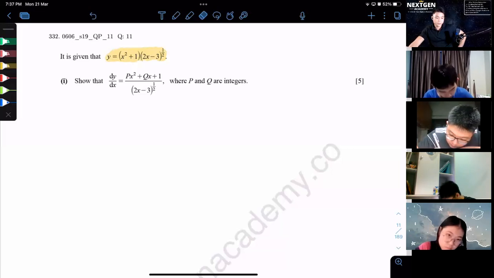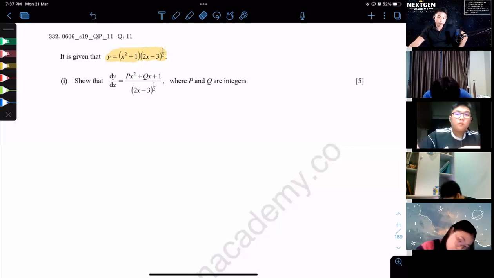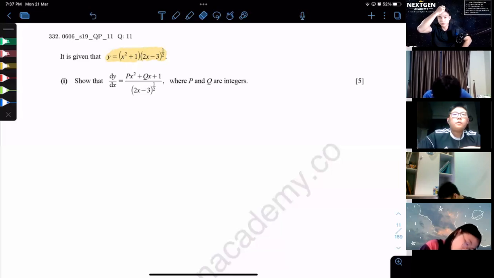Hint for those who don't know: this is a product rule question, because there's a u times v, a function times a function.